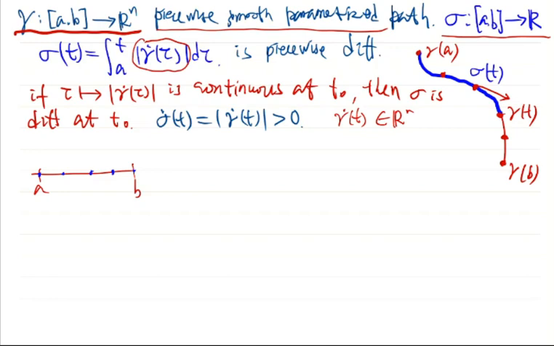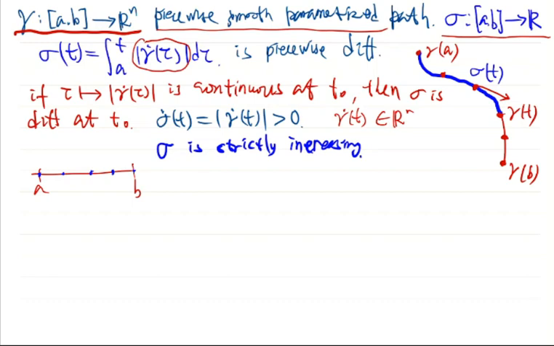So using the result from calculus, we know that sigma is strictly increasing. This is the result we want for the previous argument. This is our purpose.